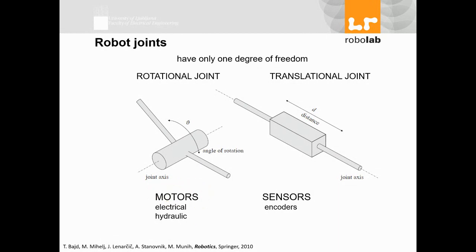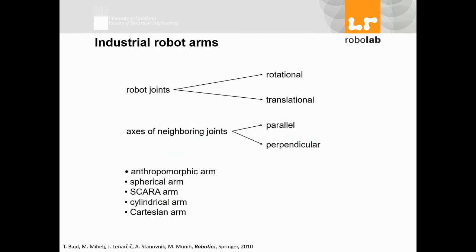For rotation also, we can use hydraulic or pneumatic, but with different kinds of actuators. For sensors as well, if I'm using rotational, I have to use sensors which can measure the angle, theta. And for translational, I need sensors to measure d, or distance. So these are the details of different kinds of robot joints. Robot joints can be rotational or translational.